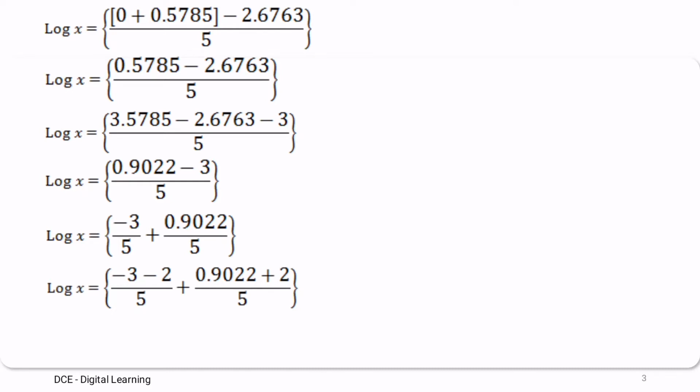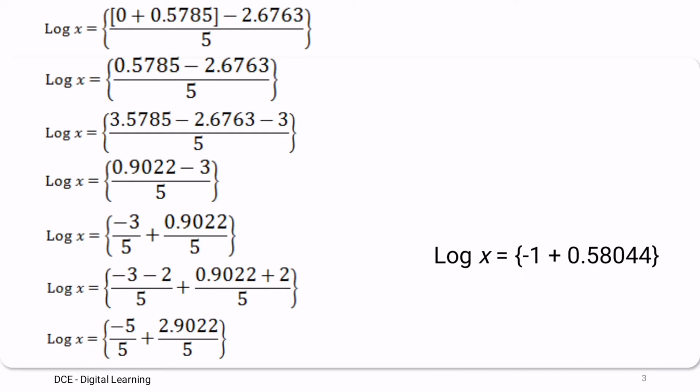So therefore I deduct from minus 3 a value of minus 2. So minus 3 minus 2 becomes minus 5. Since I am deducting minus 2 from the minus 3, I add plus 2 to the mantissa 0.9022. So 0.9022 plus 2 is 2.9022. So minus 5 divided by 5 becomes minus 1.